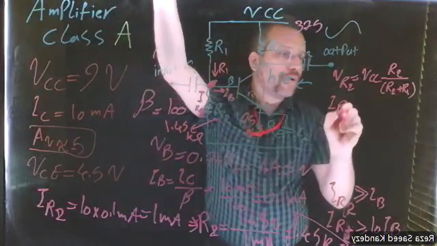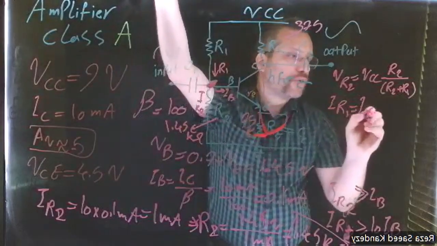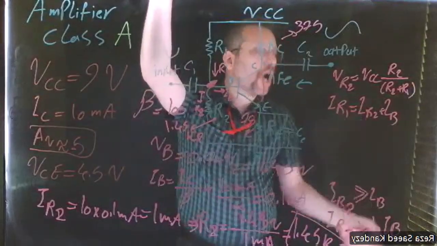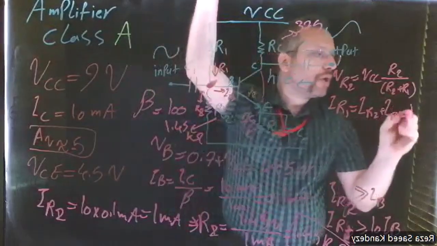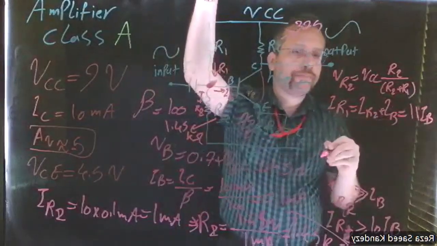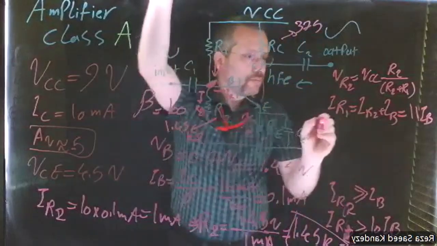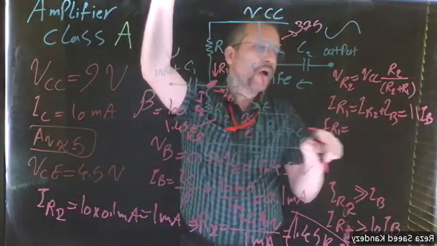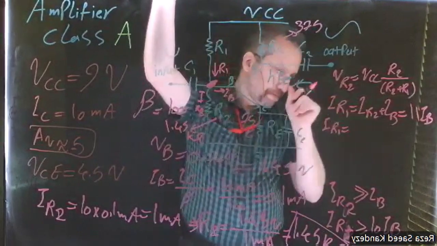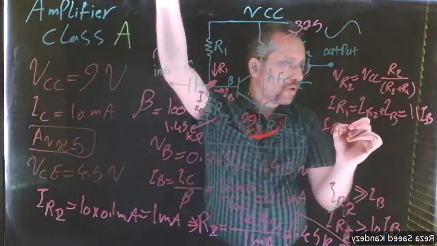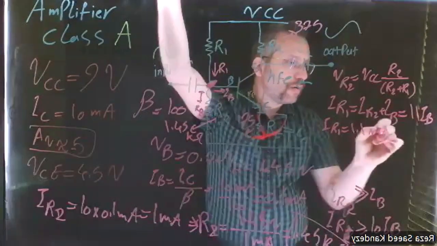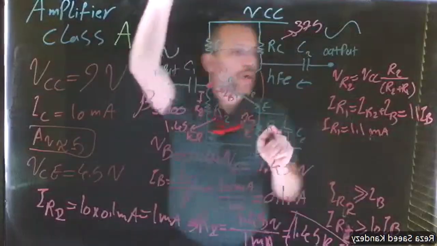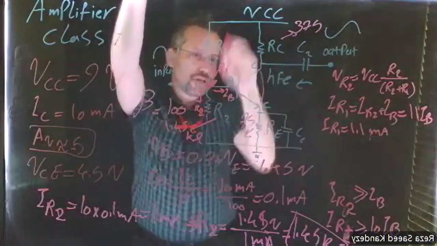So IR1 is IR2 plus IB, but we designed IR2 as 10 times IB, so it becomes 11 times IB. Basically IR1 becomes 1.1 milliamp.